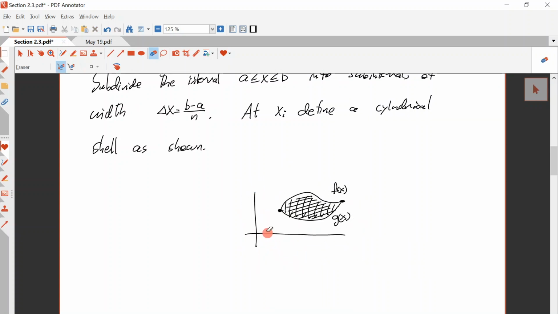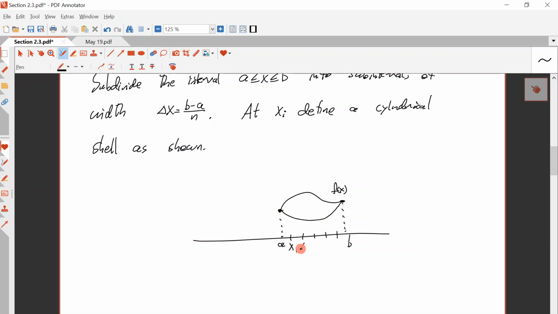Here is that region, and we're going from x equals a to x equals b, and we've subdivided into subintervals. Down here is x1, x2, and then we'll say this is x_i right here, and so on.